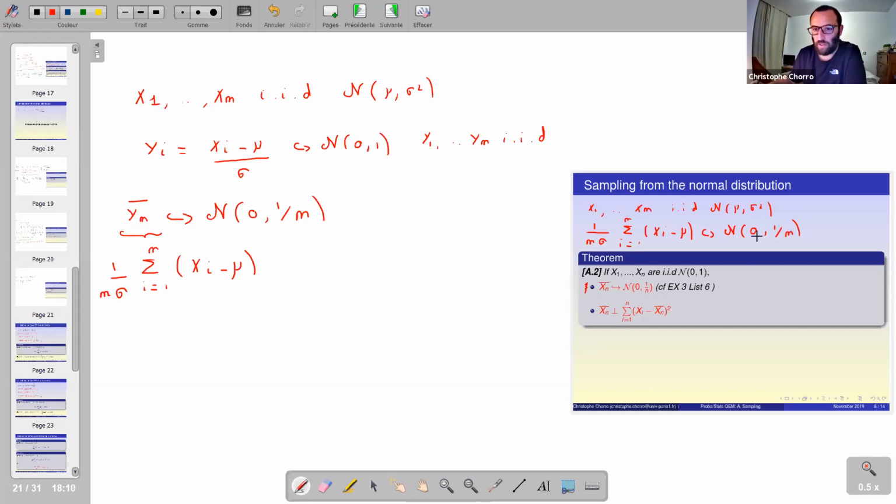So it's the analogue of the statement for N(mu, sigma squared) instead of N(0,1).